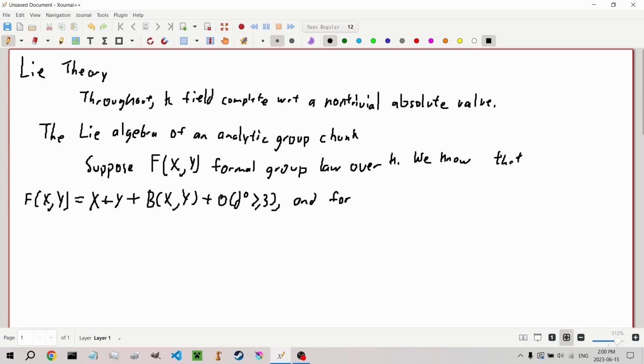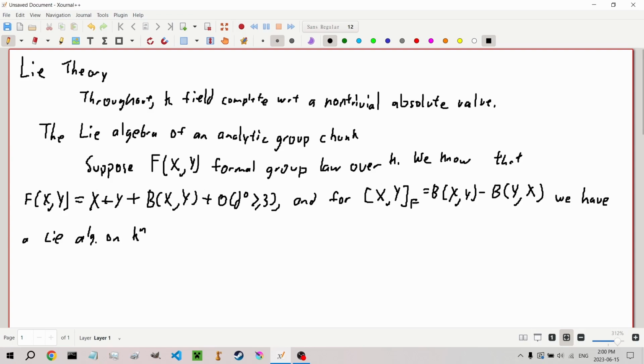And we know that for the bracket of X and Y, the commutator essentially of this bilinear form, we have a Lie algebra on our K to the n, which we say is the Lie algebra associated to the formal group F.